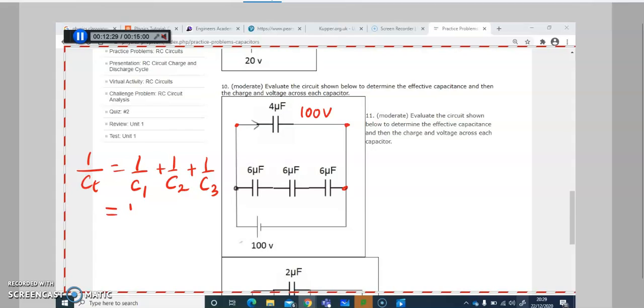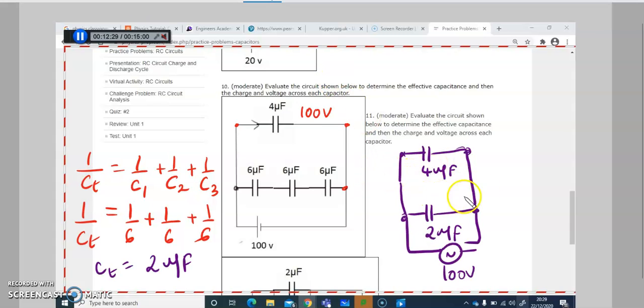When you put the values, it's 1 divided by 6 plus 1 divided by 6 plus 1 divided by 6, and you get your C total, which is 2 microfarad. Your equivalent capacitor is 2 microfarads here.